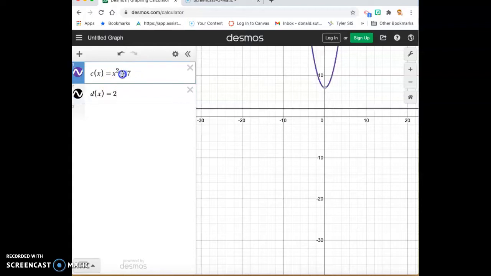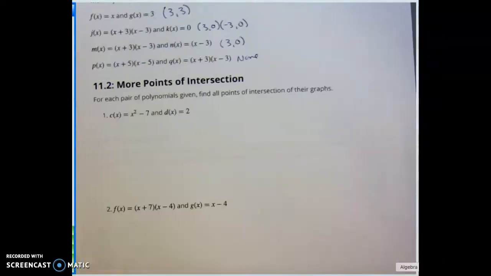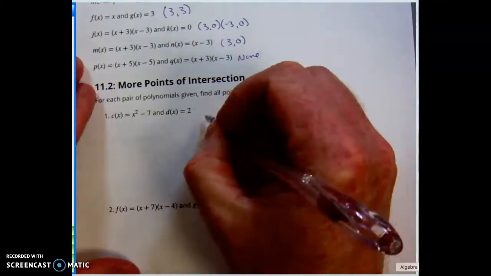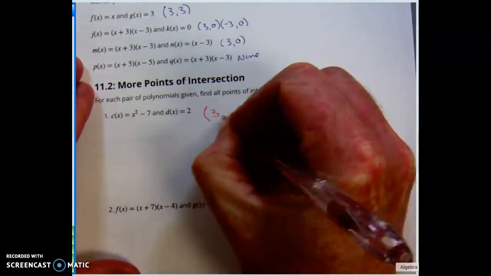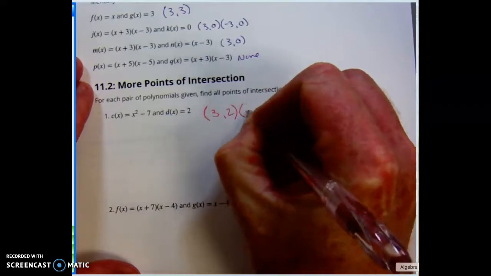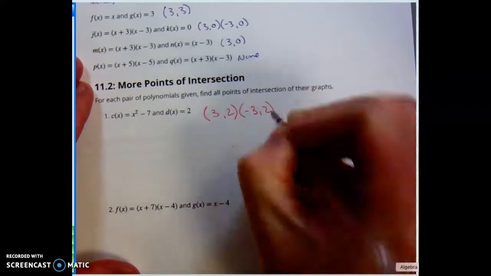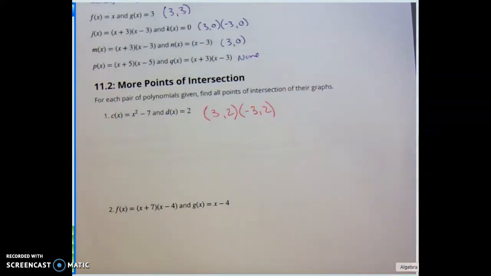I messed up there. That'll help. All right, so I can see they cross in two places: positive (3, 2) and negative (3, 2). Okay, so I can write those down. I got (3, 2) and (negative 3, 2). Okay, so one way to solve that would be to use graphing to help me out.